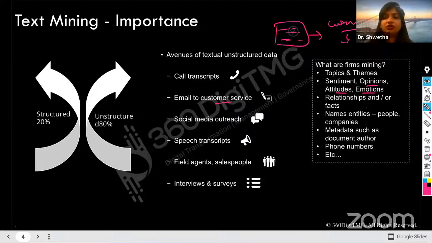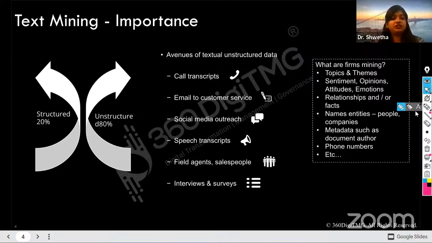Then you can go for relationships and facts, to understand the facts between them. Then there are named entities, and we also analyze metadata such as the authors. We try to analyze phone numbers, etc. These are all the things which firms are looking for by analyzing text data.